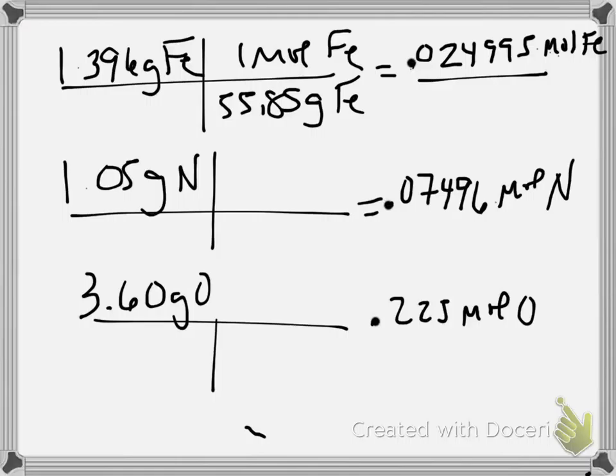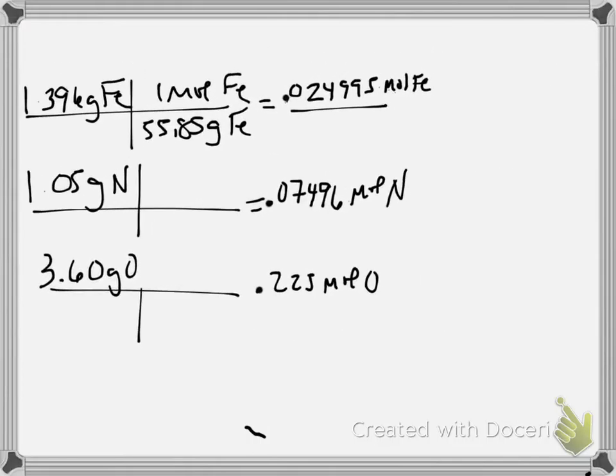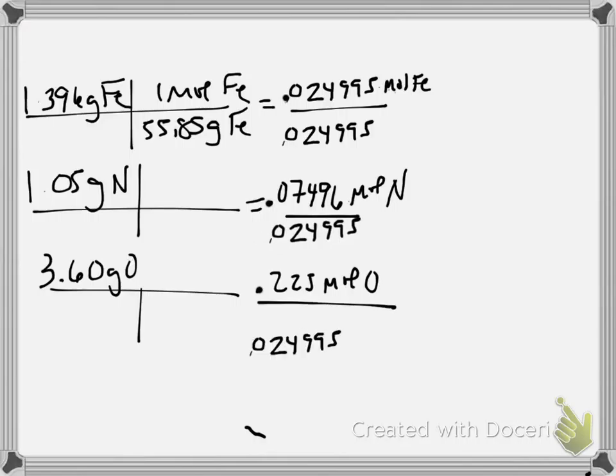There, I'll do that. And so, of course, we get a 1 for our subscript on iron. I'm going to divide each of these. So that's a 1. That's a 3, and that's a 9.